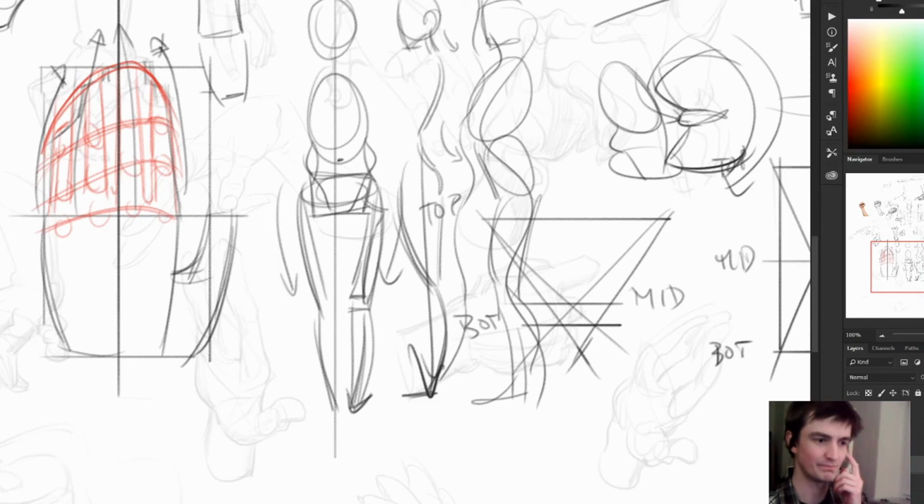Someone is asking, how can you best practice what you learn? That's a loaded question, and I want to give a simple answer. You take your reference and then you break it down, and you do two different approaches to your study. You take your reference and you give yourself a goal.